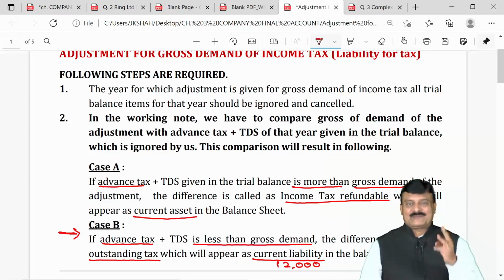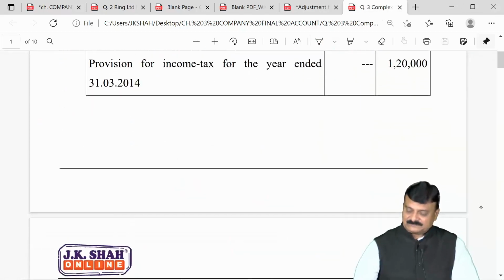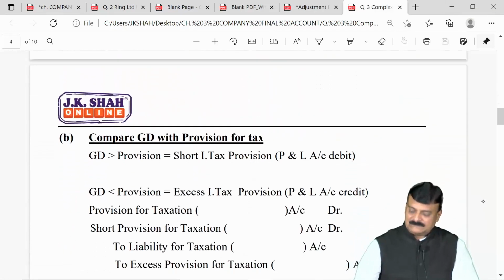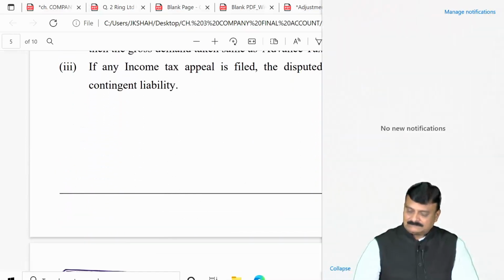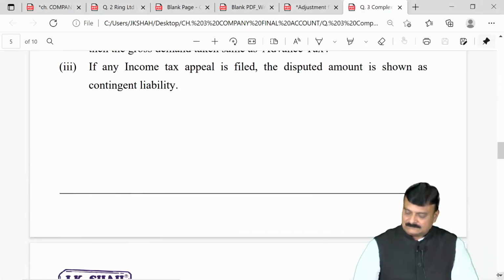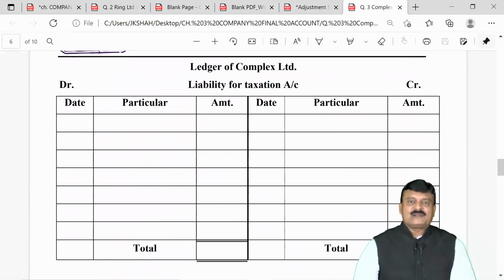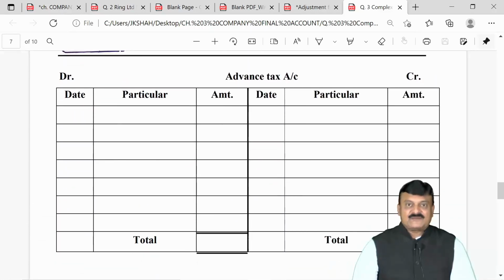If they ask you to prepare 3 ledger accounts, then you should be able to prepare those ledger accounts in a perfect way. Like, I can just show it to you. Here, see. One is liability for taxation account, that is gross demand for tax. Second is advance tax account.